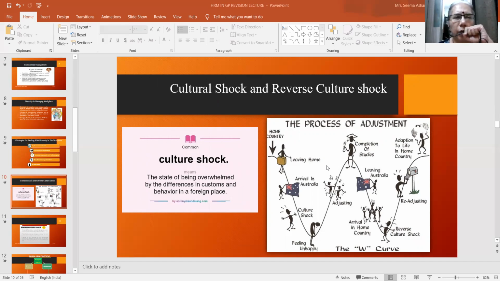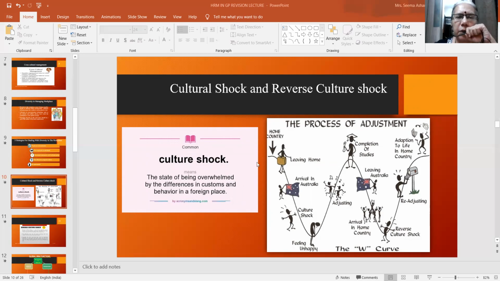When an employee is being sent to a foreign country on an international assignment, this employee has to adjust to the new circumstances, the new geographical location, to the new place, to the new people, to the new working style, to the new natural habitat, and so on. Now, this state of being overwhelmed by the difference in custom and behavior in a foreign place is called culture shock.